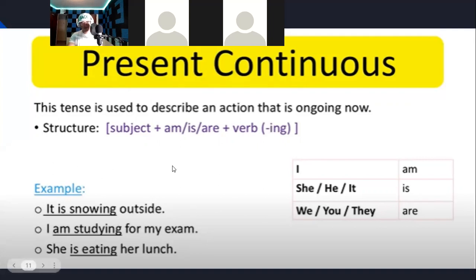These are the examples. It is snowing outside. I am studying for my exam. She is eating her lunch. You don't only use the subject, but you also use this particle right here. That means something you're doing or something that you are, right?